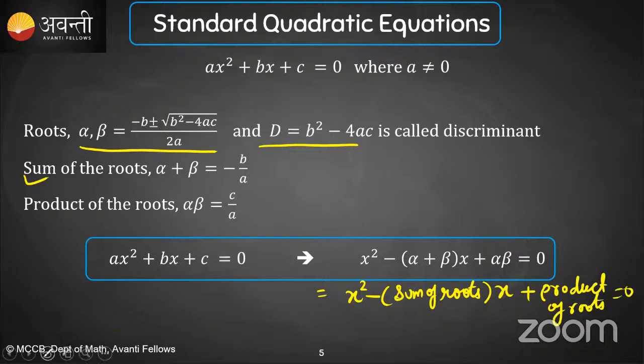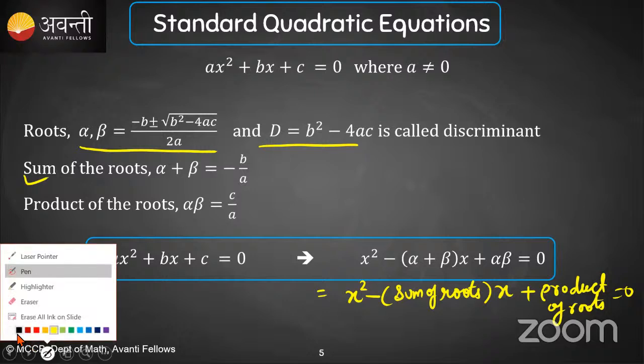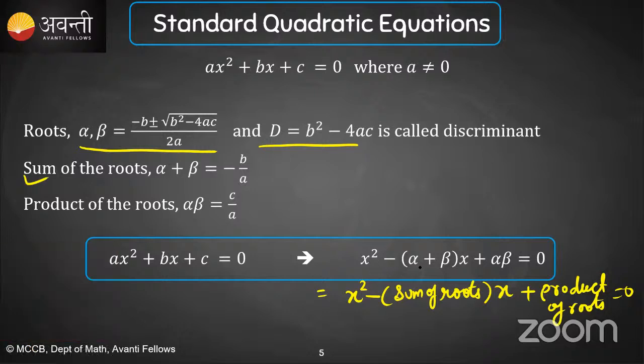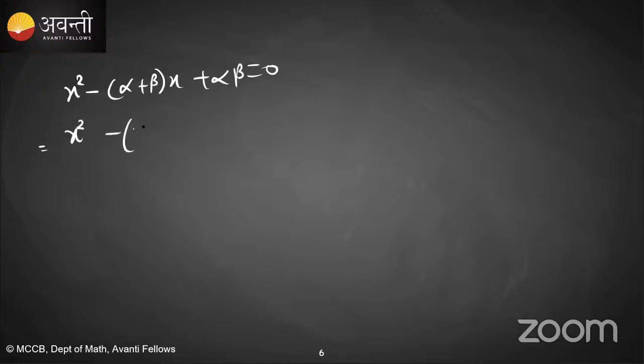Now you will ask me, sir, how do you know we can write this? So I will simply say put the value of alpha plus beta and alpha beta. Okay, see, x square minus alpha plus beta into x plus alpha beta is equal to 0, right? For any quadratic equation, what is alpha plus beta? Alpha plus beta is sum of root, which is minus b by a, plus what is alpha into beta?